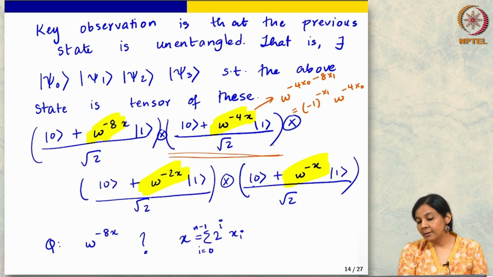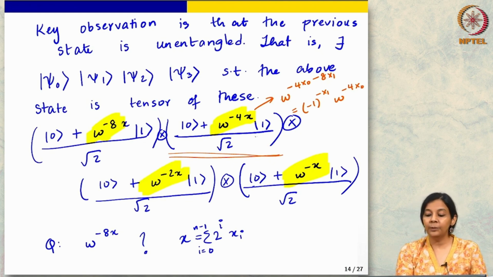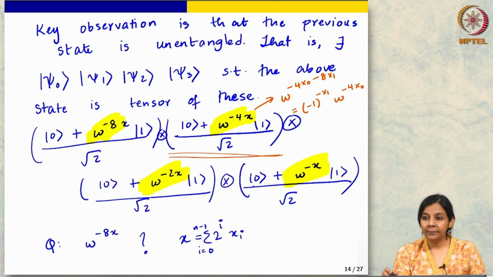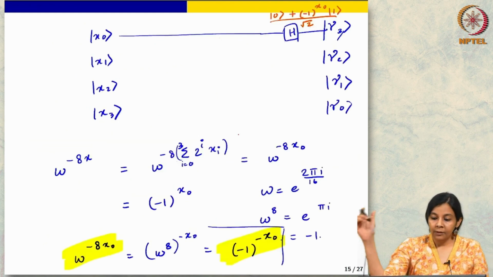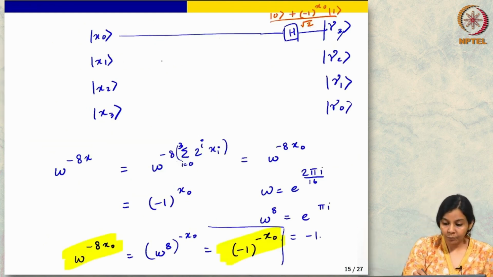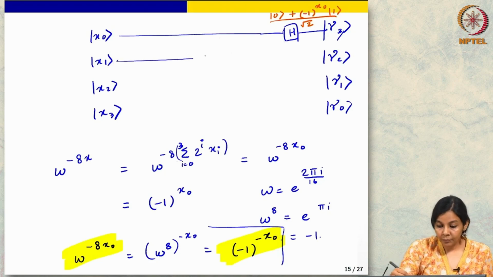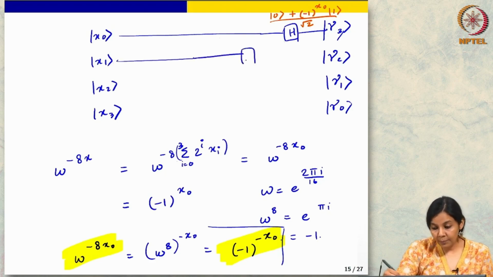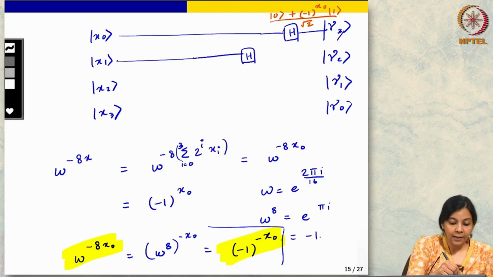I want my second most significant bit to be this. It should be 0 plus minus 1 to the minus x1 omega to the minus 4 x0 1 over root 2. So now if I apply the Hadamard transform, suppose I apply the Hadamard, then what do I get?